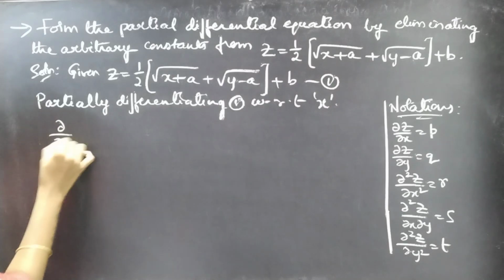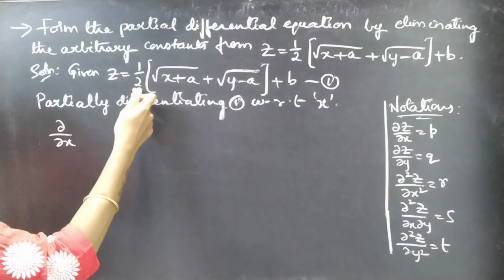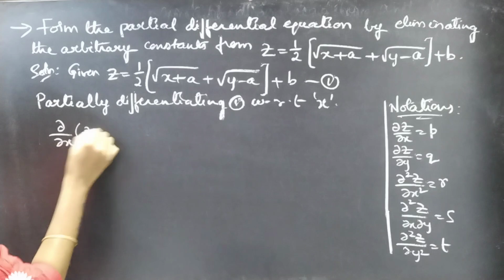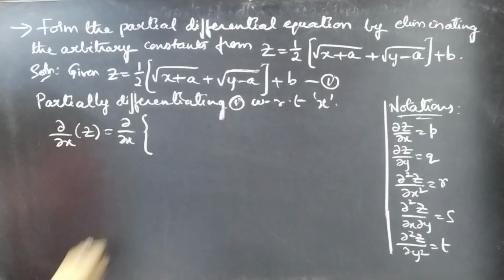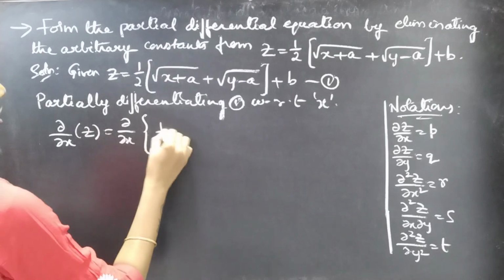Now apply dou by dou x on both sides of 1. Since we are partially differentiating with respect to x, we'll treat y as constant here.